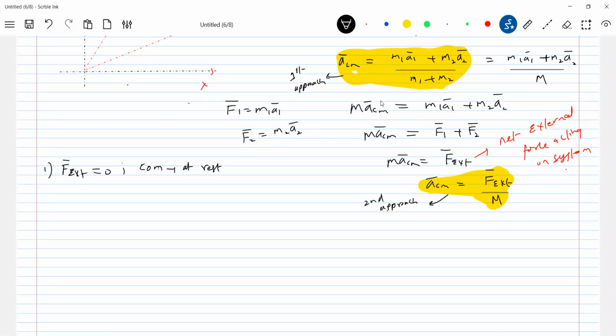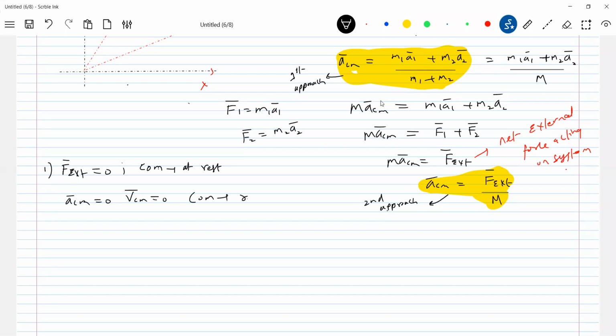If net external force is 0, what is the immediate conclusion? ACM is 0. If there is no acceleration, velocity of center of mass will be 0. Then what happened to center of mass? It will retain its inertia of rest.